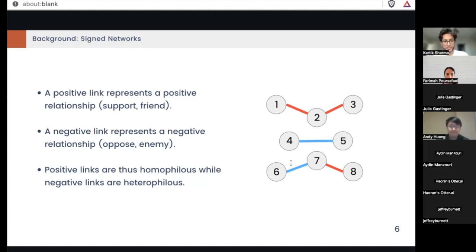By definition, positive links are homophilous, because similar kinds of nodes would have a positive relationship with each other, while a negative link would be formed between two nodes which are different, and therefore these links are heterophilous in nature. This is a very important point because it makes them very different from a normal network, where links are likely to be homophilous only.